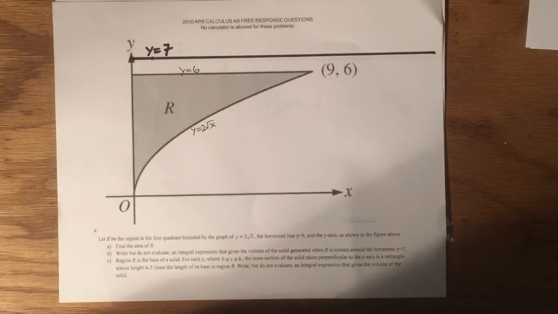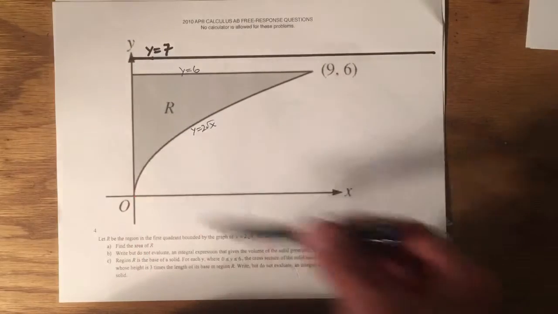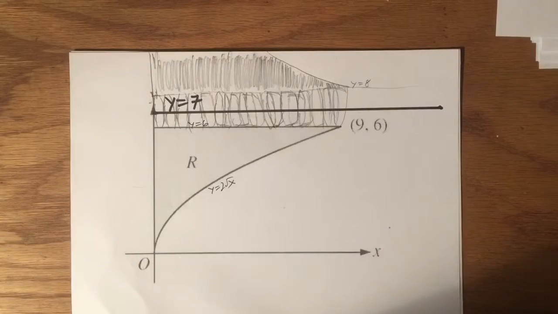So part B wants us to write an integral expression that gives us the volume of a solid generated when R is rotated around the horizontal line y equals 7. When the region R is rotated around the line y equals 7, it's going to roughly look like this.